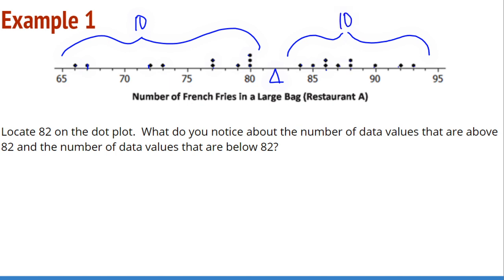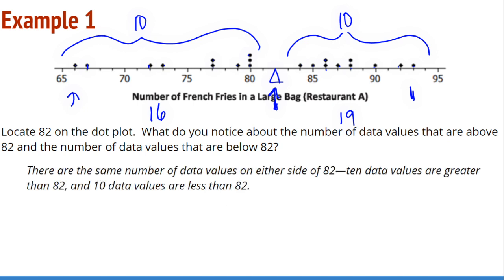So I've got 10 above it and 10 below it. Well, that looks pretty centered to me. Are there any other observations that you make? Well, let's see. So this is 82 here in the center, and we go all the way down to a 66 over here. So we've got a difference of 16. And we've got 82 here in the middle, and we go all the way up to 93. So we've got about 19 over there. So we're kind of in the middle there too.